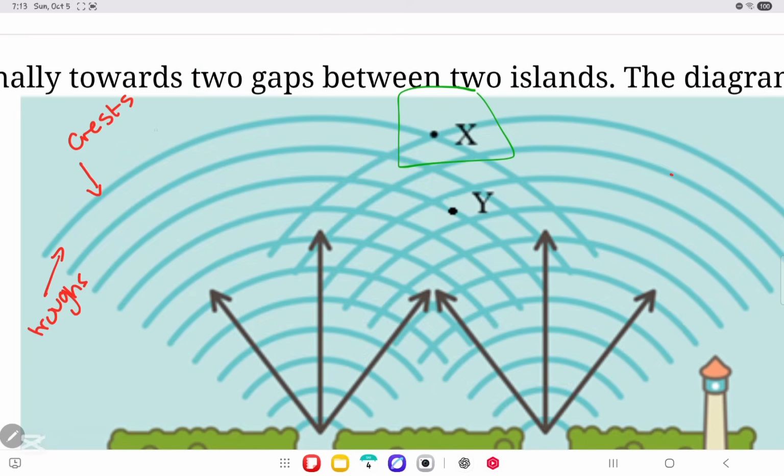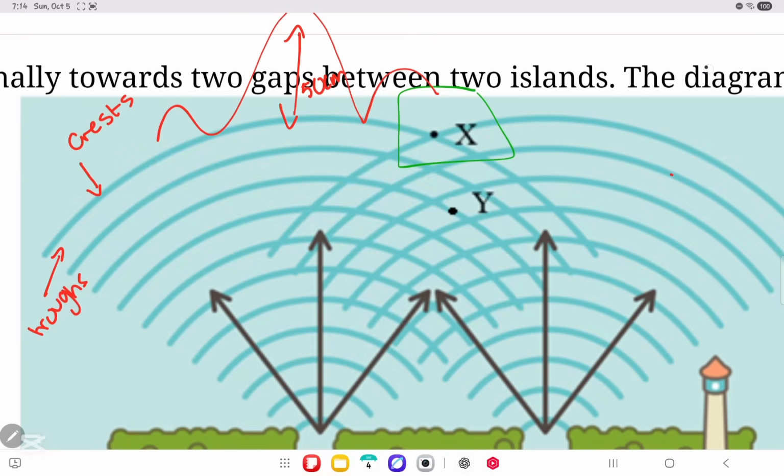They're going to form a bigger crest. It's going to be constructive interference because they're both in the same direction, upwards, or maybe even downwards, but it doesn't matter. As long as they're in the same direction, it's constructive interference, and thus it will be 25 centimeters plus 25 centimeters, which gives a total of 50 centimeters.